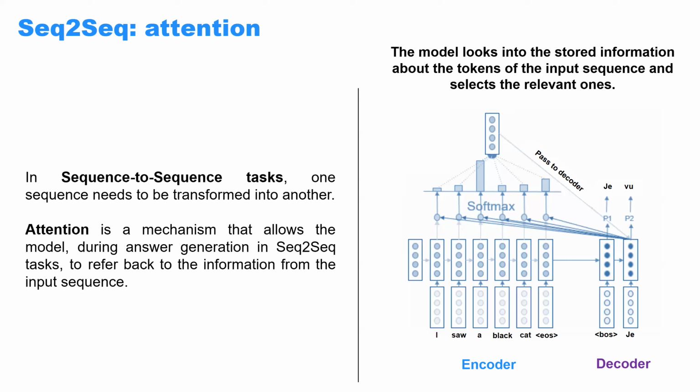So it's not pretty clear how the decoder makes this transition from one language to another language. So the decoder needs to predict the next word in another language. So where does the decoder pick it, and how does it understand the probability distribution over these French words?